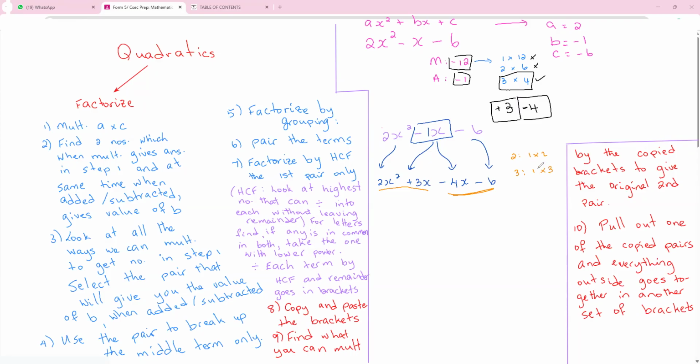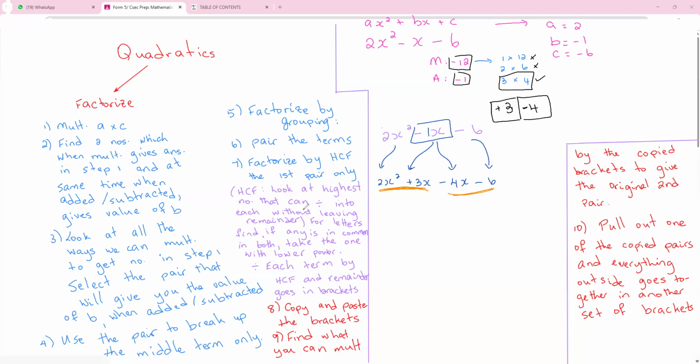So you look at that and you pull out the highest number that is in common, which in this case is 1. So you're going to find the HCF of only the first pair. So the HCF of 2 and 3 is 1. But we don't have to put the 1 because it's understood.